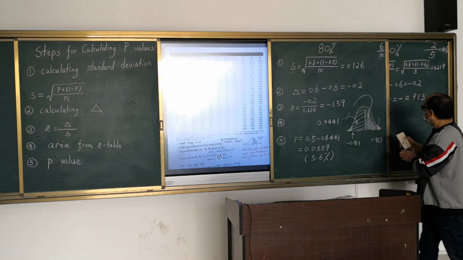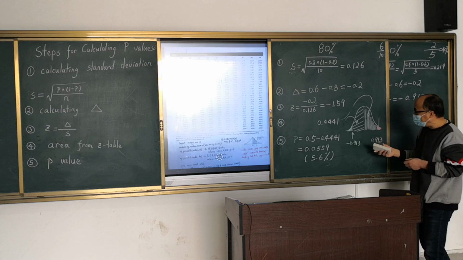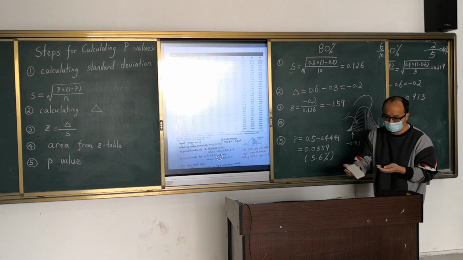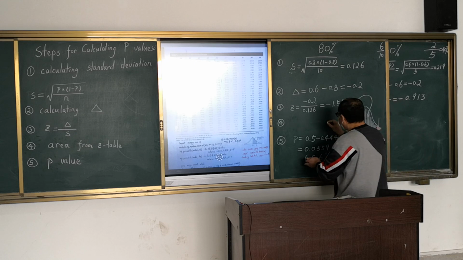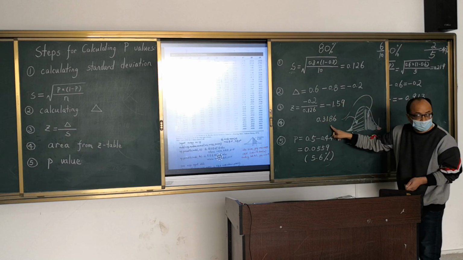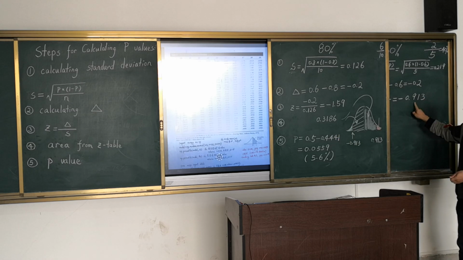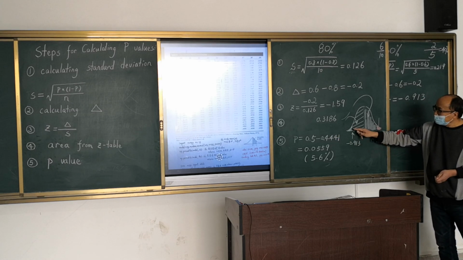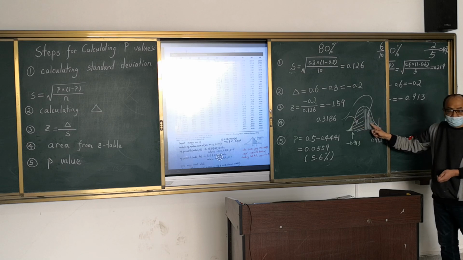So you check the Z table and you'll find 0.3186. How to get this is from this value. Okay? It is this area. It is also this area.